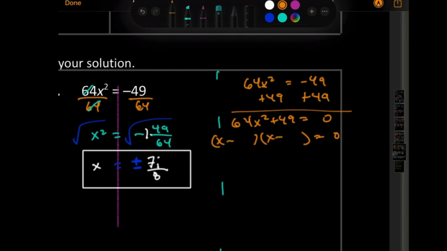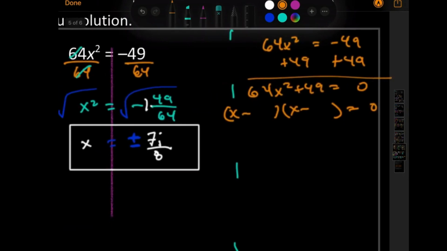And remember here, this is not the difference of squares formula. This is the factored form, which is the whole lesson. So let's put here in this white box, I have positive 7i over 8 and negative 7i over 8. Let's go ahead and clean this up.